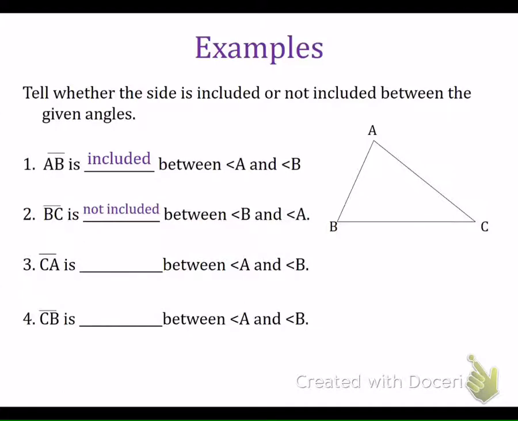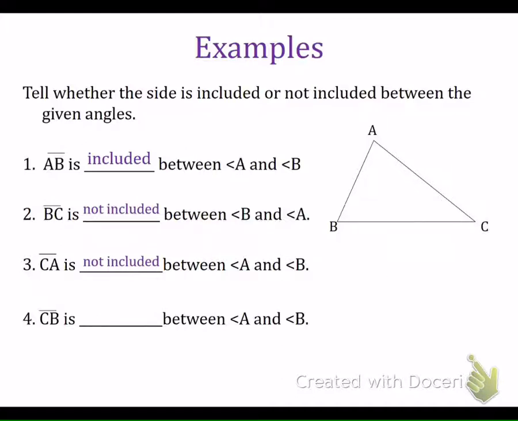All right, the next one. CA. Is CA included or not included between angle A and angle B? So CA is over here. Is this side between angle A and angle B? No. It is not included.